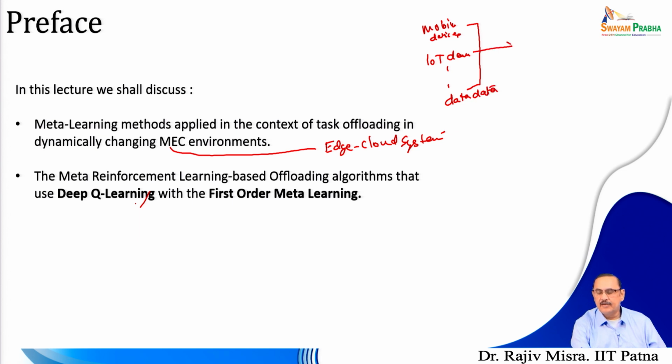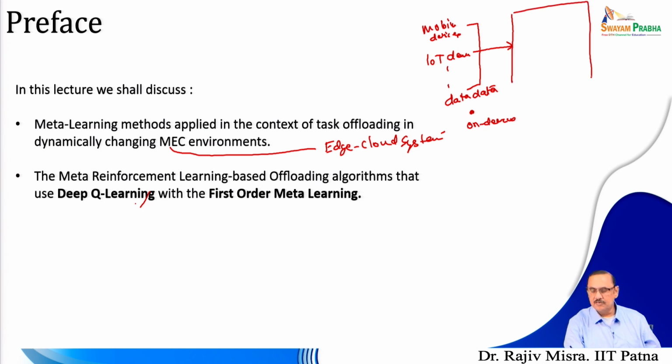Now, this particular data requires computation, whether the computation is to be done on the device or it is to be done in the edge cloud system. This is an edge. So, whether the computation is to be done on device or on the edge or on the cloud.